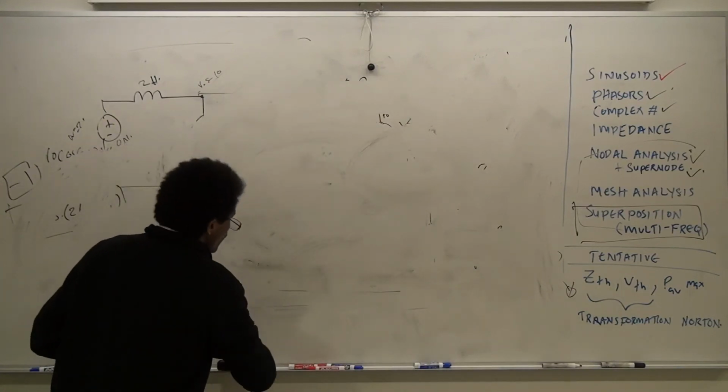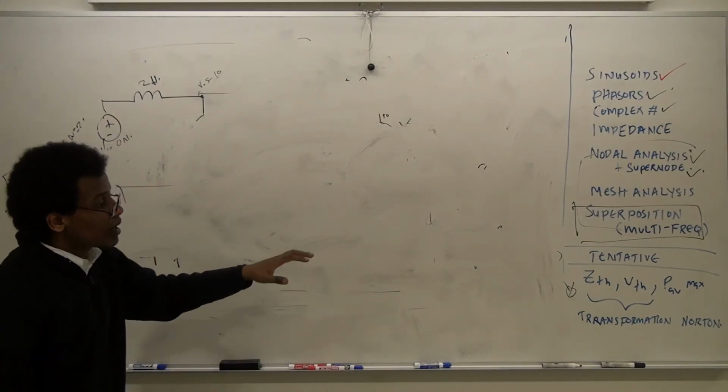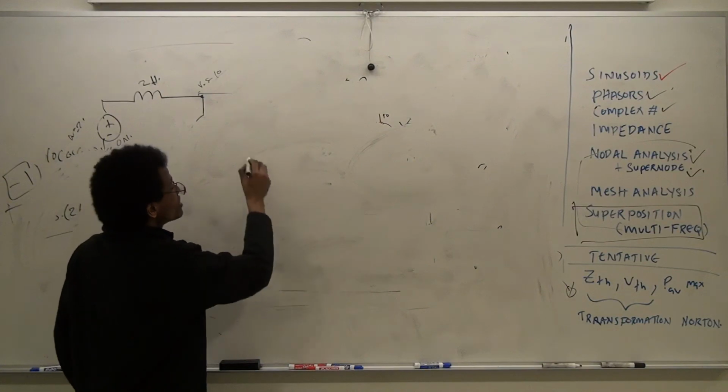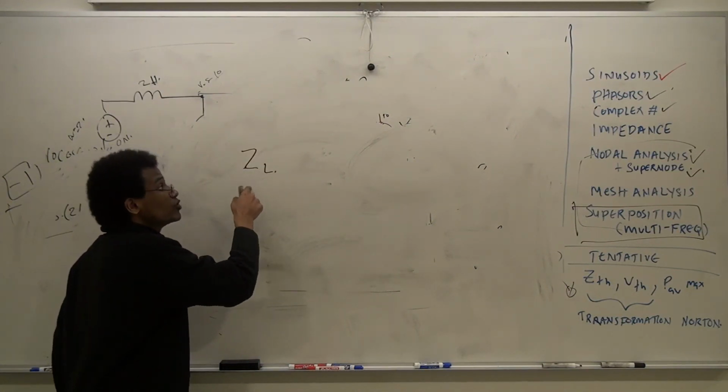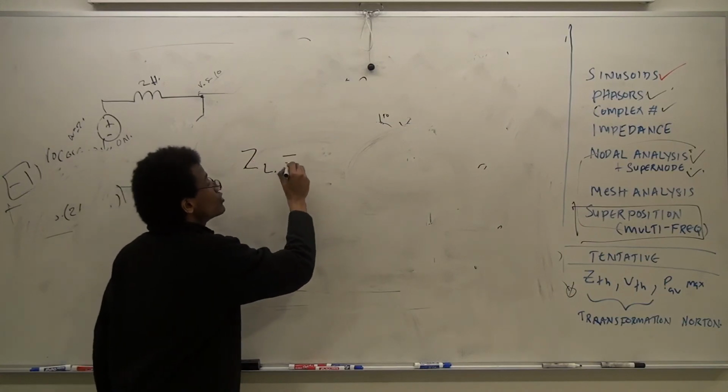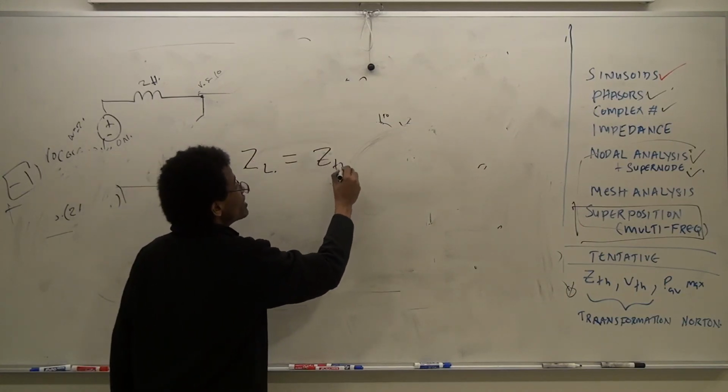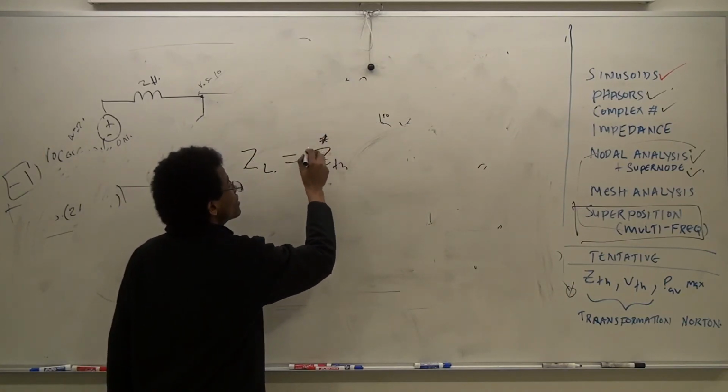For average maximum power transfer, we say that the Z of the load, or the impedance of the load, is equal to Z Thevenin conjugate. Okay?